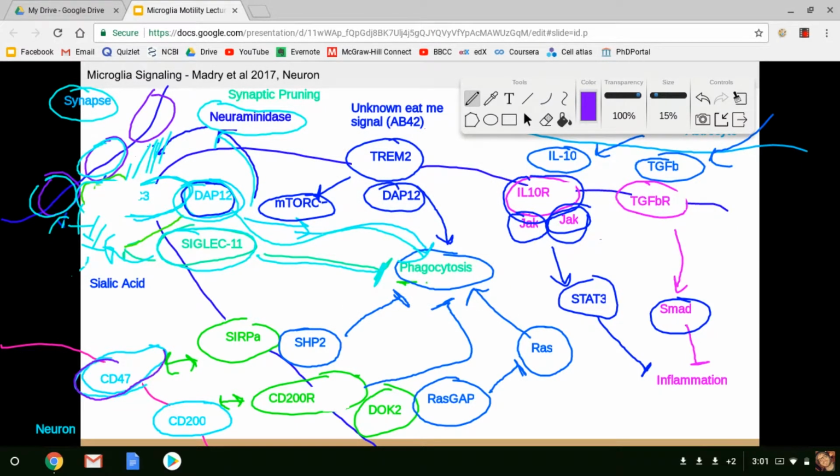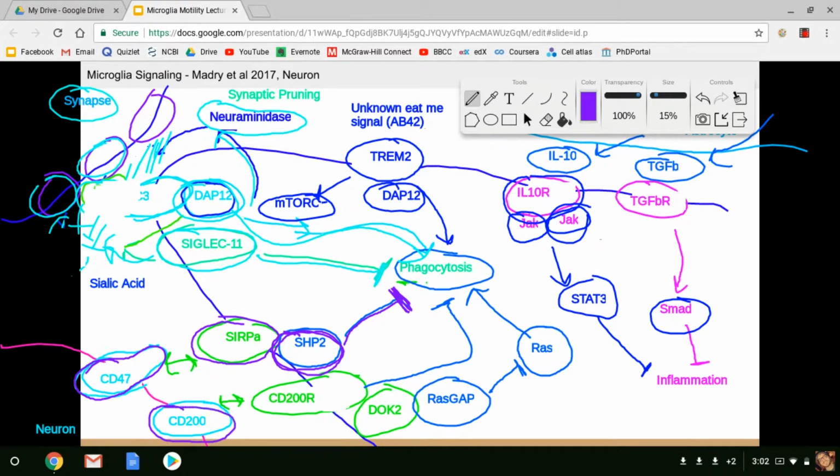CD47 is a don't eat me receptor that binds to SIRP alpha on the microglia. SIRP alpha activates a tyrosine phosphatase, SHP2, which inhibits phagocytosis or inflammation in general.